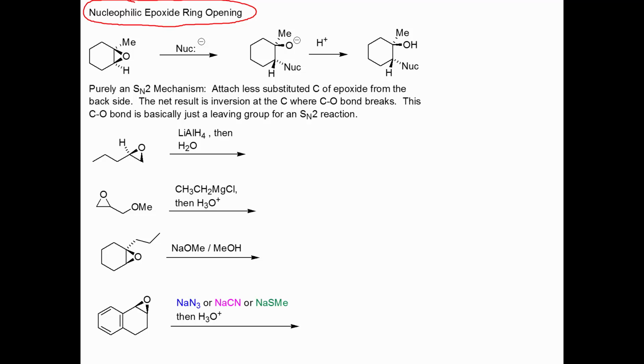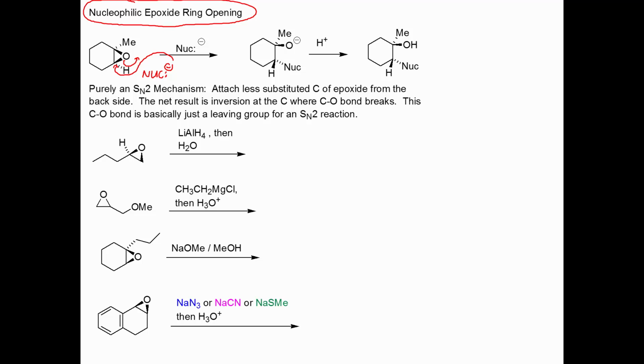This is because it's cyclic and it's very easy to see the stereochemistry in a cyclic reaction, and because it's unsymmetrical. If we treat this compound with a variety of nucleophiles, what we're going to see is that our nucleophile does an SN2 reaction, and we can write it like that.